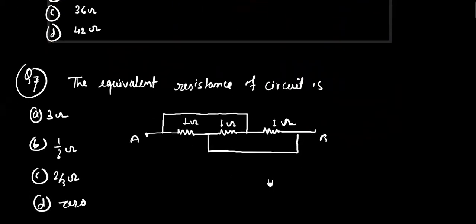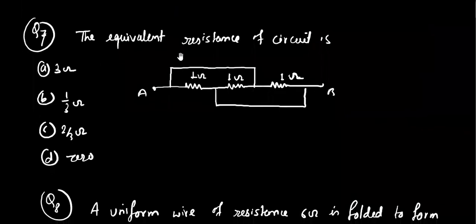Now we are heading towards question number 7, the equivalent resistance of the circuit. Same question. So let us analyze this. If you see these 2 points, and I write 1 here, and this is just a wire, that's why this point is also 1. If I write 2 here, then this is just a wire, that's why it will shift the point here.